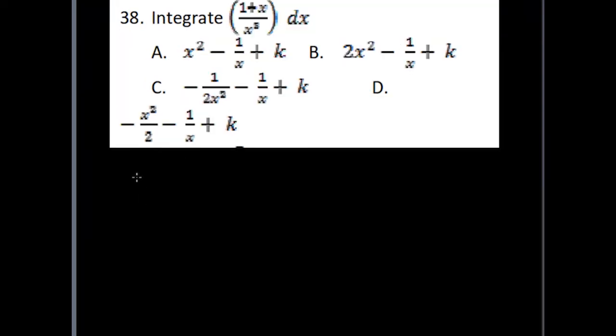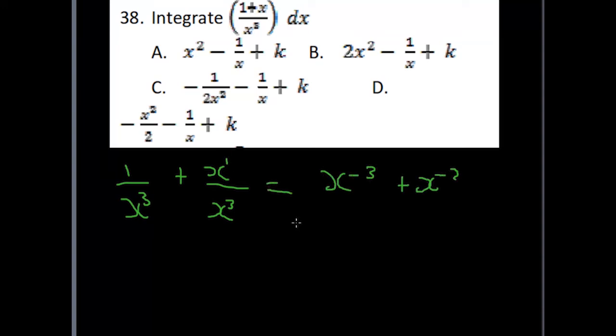Integrating this, we can separate it as 1 over x raised to power 3 plus x over x raised to power 3. If we integrate this now, this is x raised to power minus 3 plus 1.